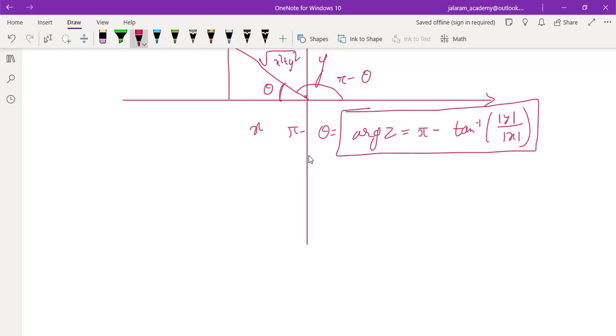Actually, it is the argument of z or the amplitude of z, so writing this will be sufficient. Or if we name it alpha, then alpha is pi minus theta.